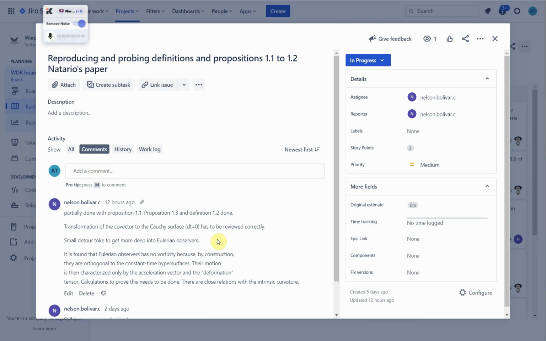And basically what I was doing was proving that this definition is useful and how to use it to calculate what he used as a proposition, which is that some observers that he calls Eulerian observers, a word that is also very well used in numerical general relativity, are equivalent to free fall observers. Free fall observers are those that don't feel the effect of gravity.